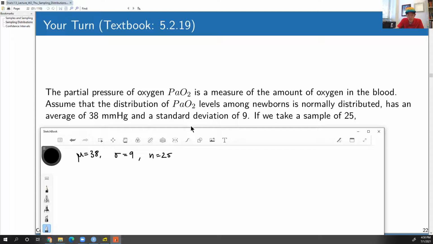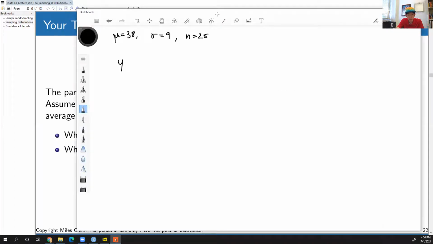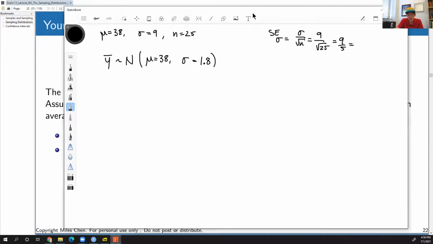According to the central limit theorem, y bar comes from a normal distribution where the mean is 38, and the standard deviation, our standard error, is sigma divided by the square root of n. So we have 9 divided by the square root of 25. 9 over 5 is 1.8. Now we're asking, what is the probability that the sample average will be greater than 36?